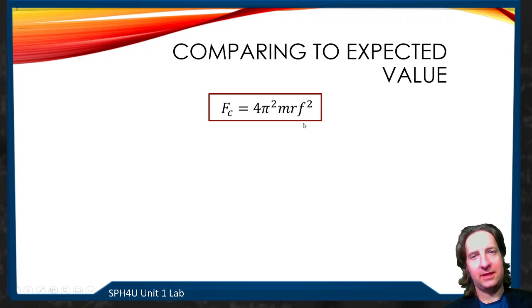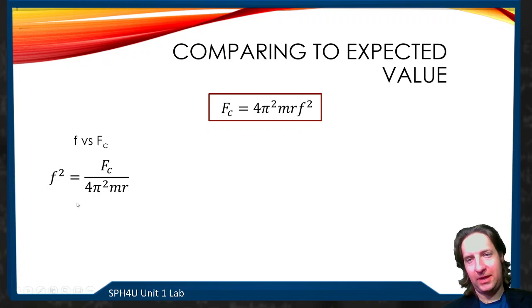So if I isolate for frequency, or get frequency by itself, and then I take the centripetal force out, I'm going to get this expression here, which is linear, right? My y is f squared. This is like y equals mx. My y is f squared. My x, my independent variable, is Fc, the centripetal force.